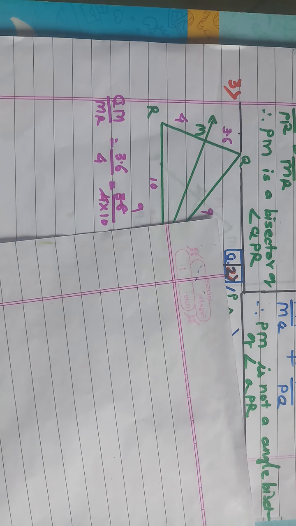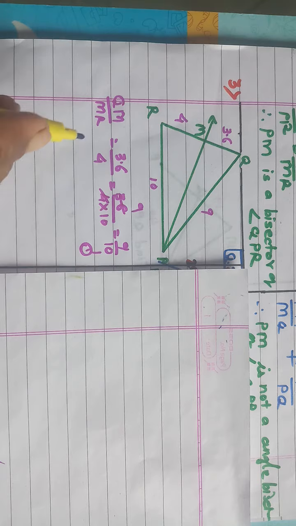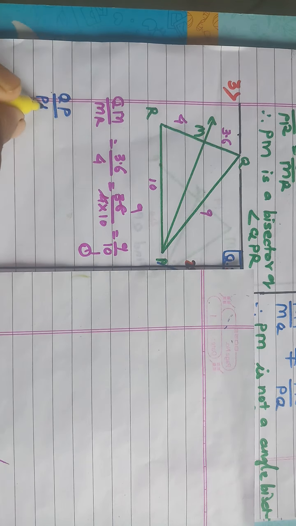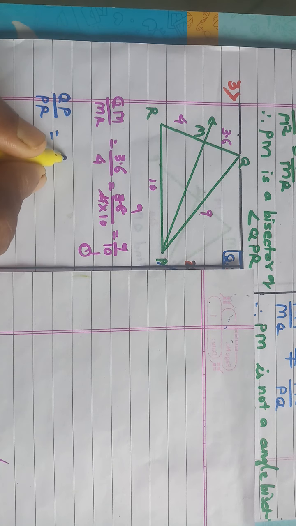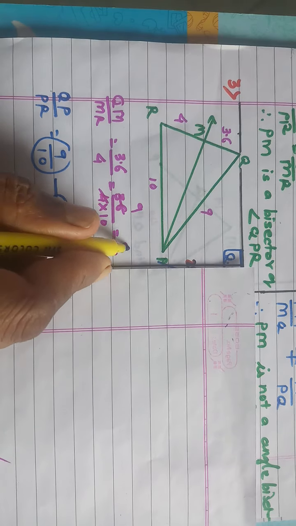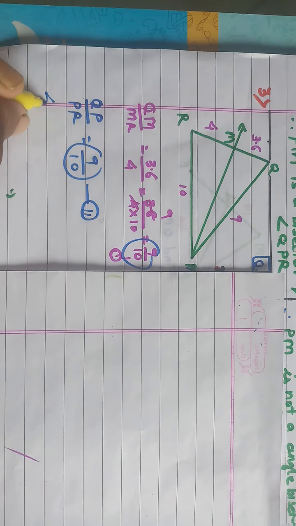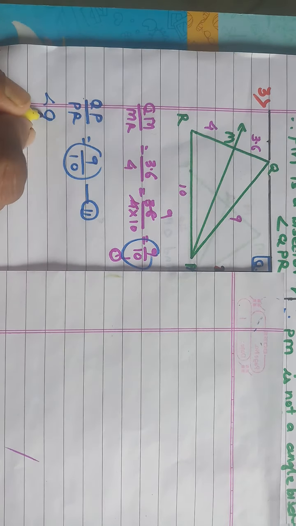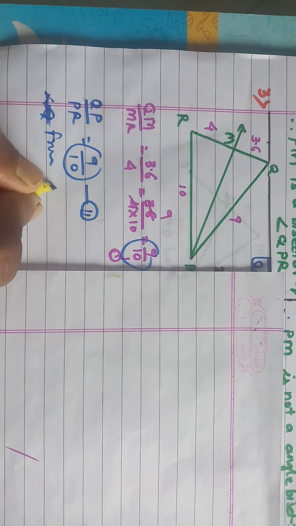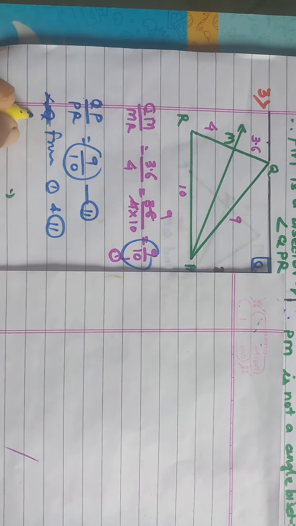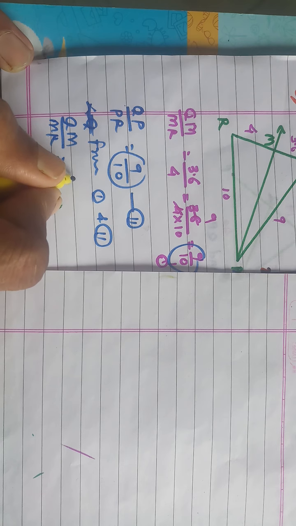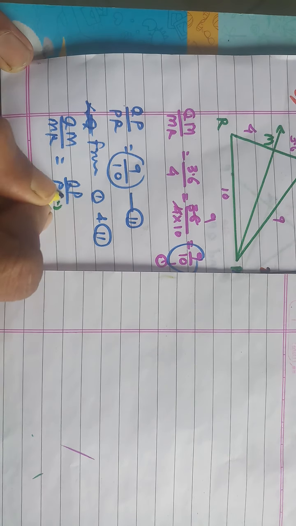Now second, QP to PR. The length of QP is 9, PR is 10, equation number 2. Both the ratios are equal. Therefore in triangle PQR, from equation number 1 and 2, QM upon MR is equal to QP upon PR.